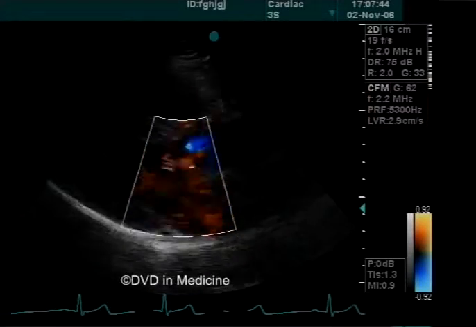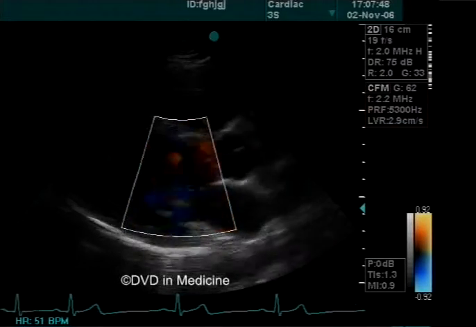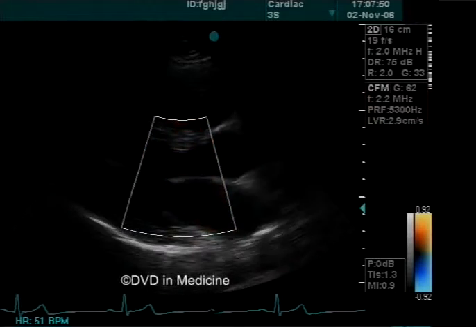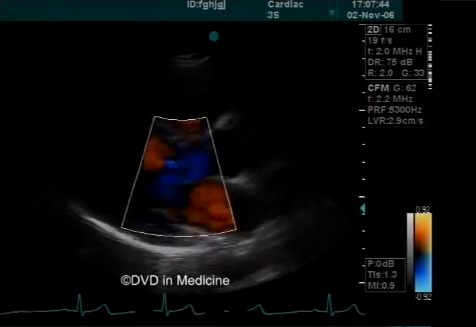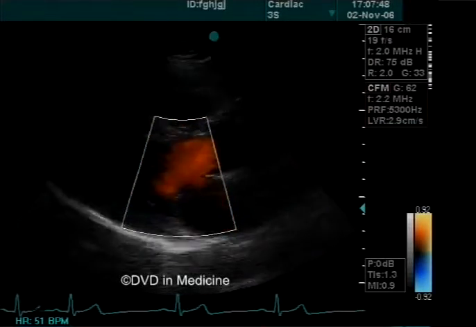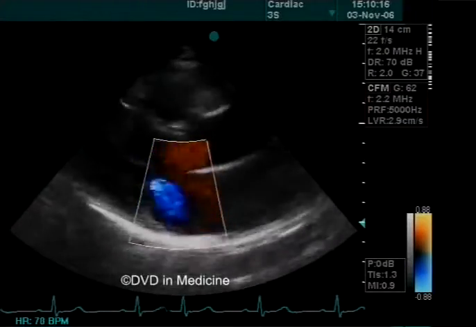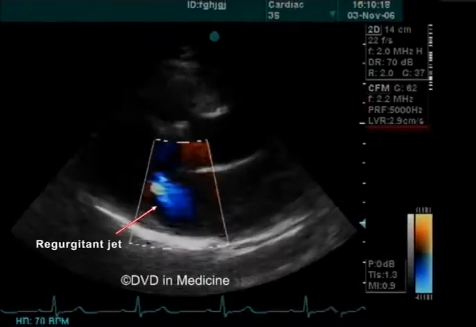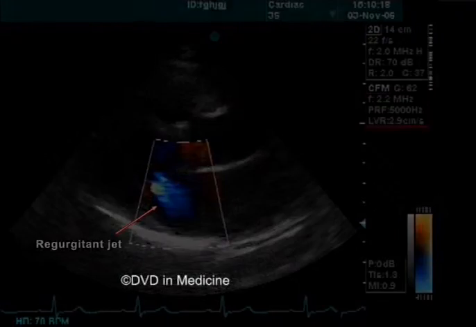If one sees only red and blue colors in the Doppler's color sector, this indicates that only normal laminar blood flow is present and that regurgitant jets, or high-velocity flows through the stenosed valves, are absent. Regurgitant jets, or turbulent high-velocity blood flows, will be represented by a green color or a bright mosaic of colors.